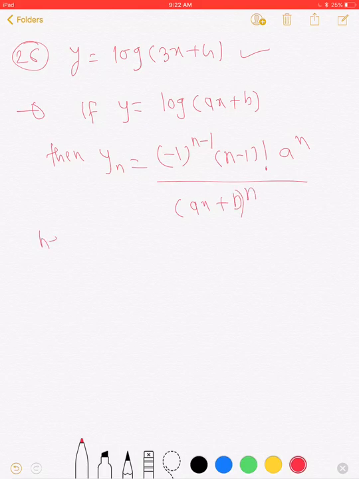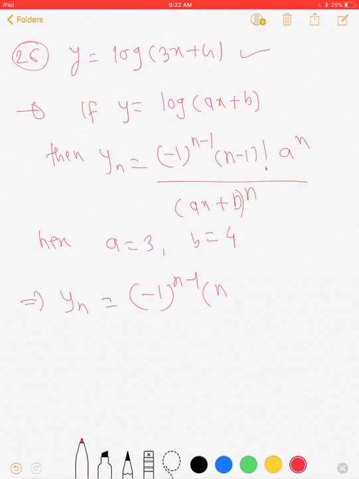So here the value of a is 3, the value of b is 4. So just replace a and b in the formula by these values. So our yn function becomes minus 1 raised to the n minus 1 into n minus 1 factorial into 3 raised to the n upon 3x plus 4 raised to the n. So this is our final answer.